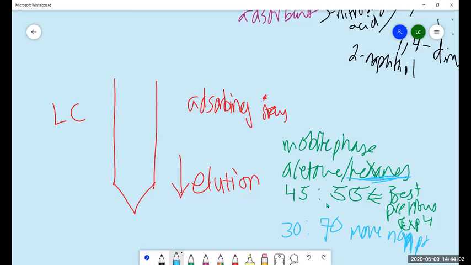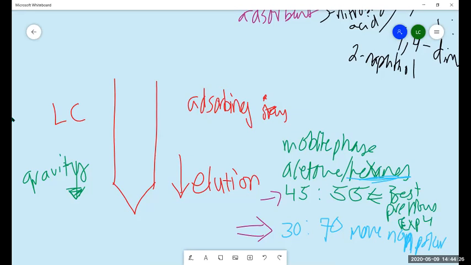The reason for this, and you probably should have noticed that this gives you a better separation than this, is that in TLC you're eluting upwards, going against gravity, but here you have gravity. Maybe TLC is defying gravity and liquid chromatography is not, but gravity is on your side now, so it's going to speed up everything. If you think about gravity impacting your separation, it's pushing everything down, while some of the components want to slow down and adsorb more, and some elute faster.